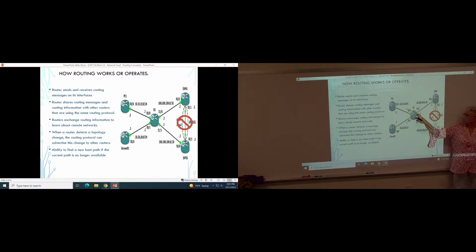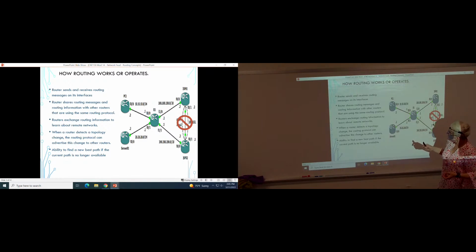Depending upon the routing protocol, they'll keep track of their neighbors plus the overall topology, and that's how they are able to recalculate. They're like, oh, this link went down. Let me check my neighbor table and see who else is next to me that I could use instead of the route that I was using.